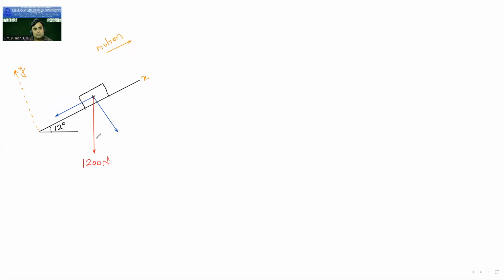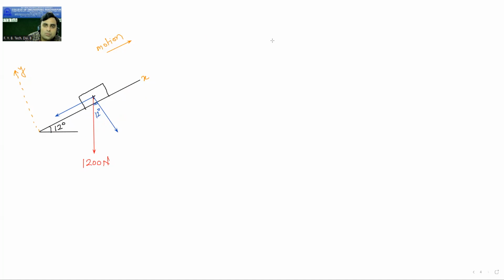If this angle is 12 degree, then this angle is also 12 degree, because the angle between lines is the angle between their normals. This is the horizontal line, the vertical line is perpendicular to it, and this component line is perpendicular to the surface. So if the angle between these two is 12, then the angle between these two must also be 12 degree.